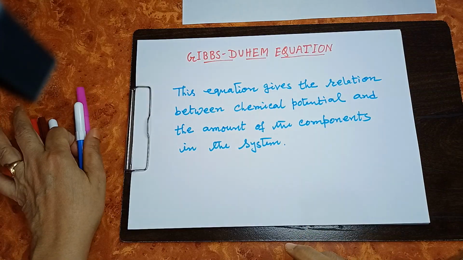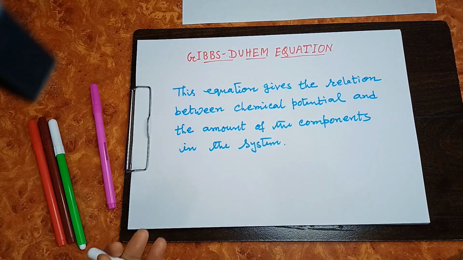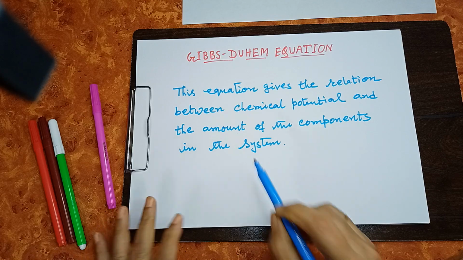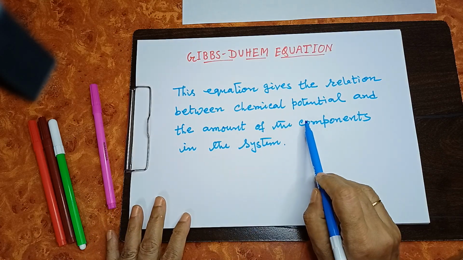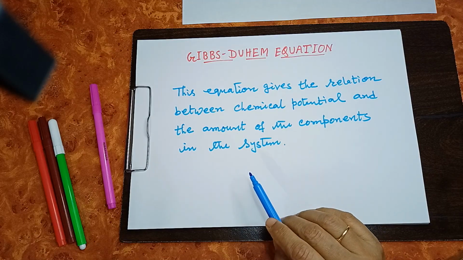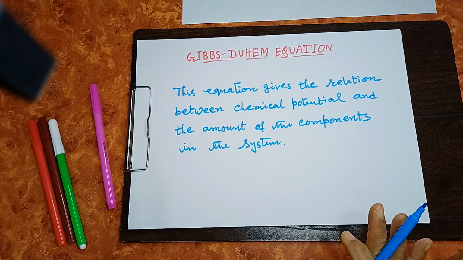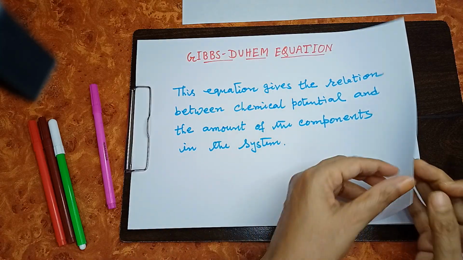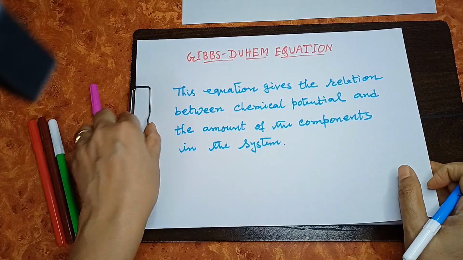Gibbs Duhem equation. This equation gives the relation between chemical potential and the amount of the components present in the system. Let's see what is meant by this.